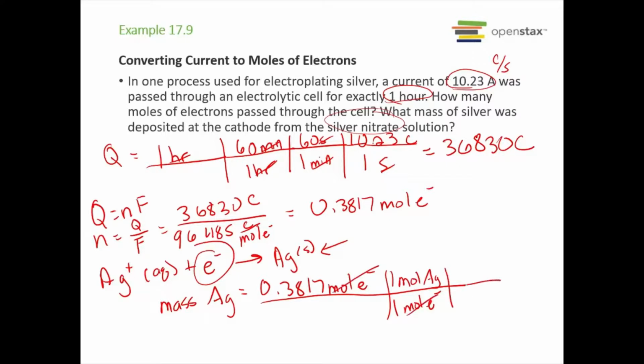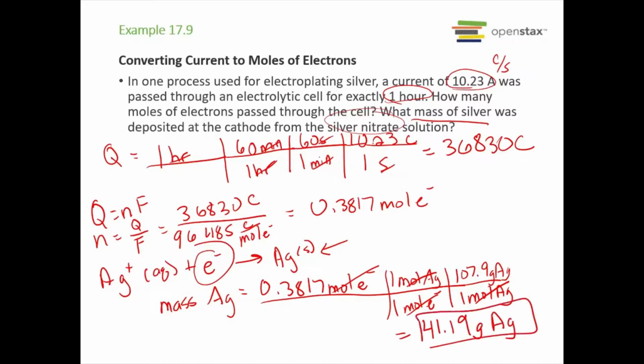We need grams of silver since we want mass of silver. So that means we have 107.9 grams of silver for every 1 mole of it. And this then calculates out to be 41.19 grams of silver that was plated. So hopefully it's not too bad.